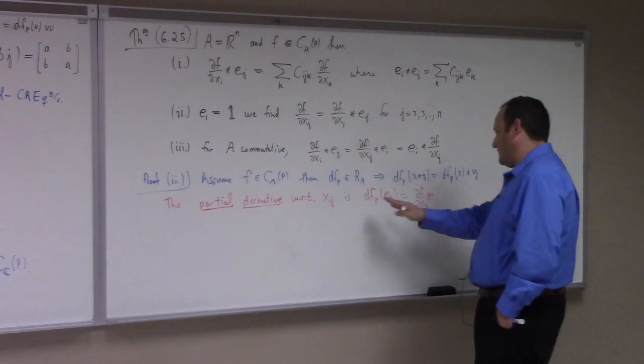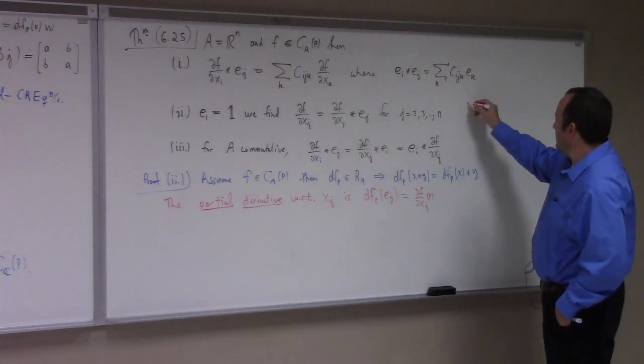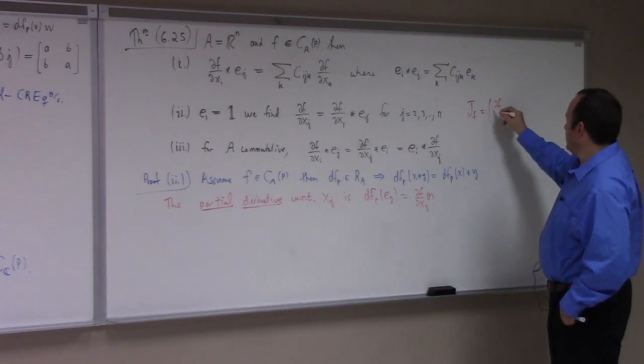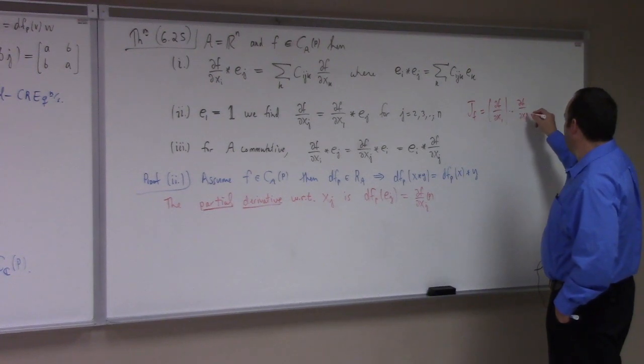So the relation between the differential and partial derivatives is just this. If we take the differential and we act on ej, that gives us partial f partial xj. For those of you who've had linear algebra, this makes perfect sense because the jth column of the standard matrix of the differential is what? It is partial f partial xj, right? So how do we construct Jf? Partial f partial x1, and so on, partial f partial xj for the jth column.